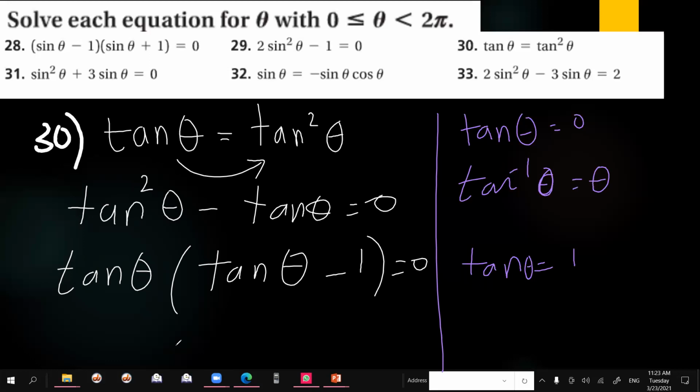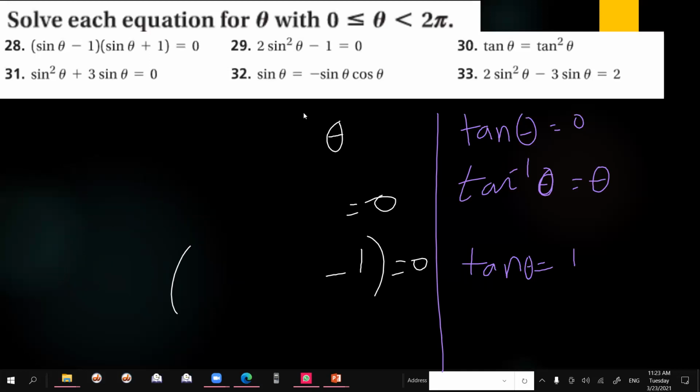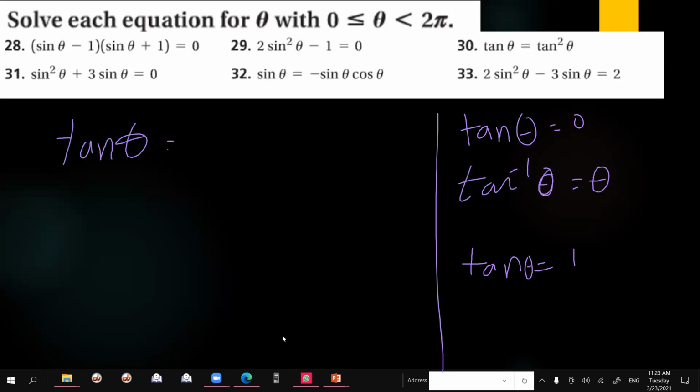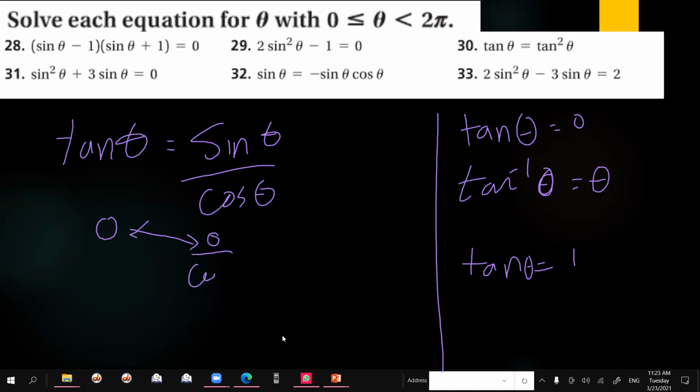Now, the angles whose tan is 0 mean that its sine is 0, because as we know before, tan is sine over cosine. So when tan is 0, that means the sine is 0, and the cosine could be 1.